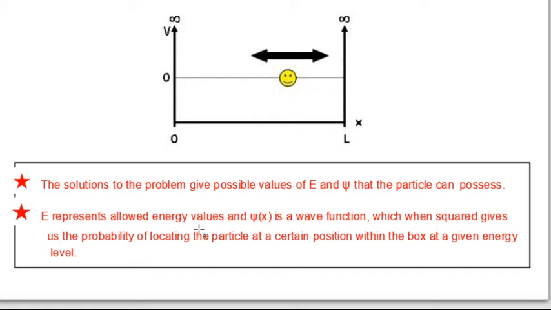Psi represents the wave function. If you square psi, what do we get? We get probability of finding a particle or locating the particle at a particular point within the box. Suppose we consider the midpoint and we evaluate psi at the midpoint, we find the square. So then the probability density at the midpoint is given by psi square.